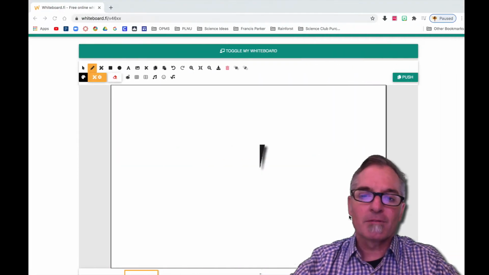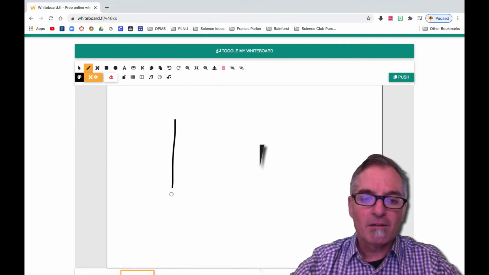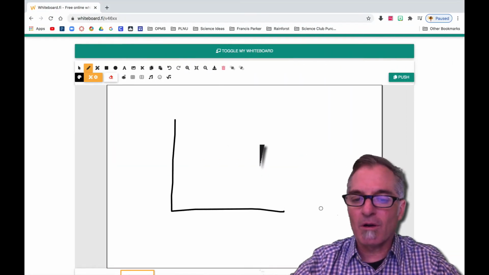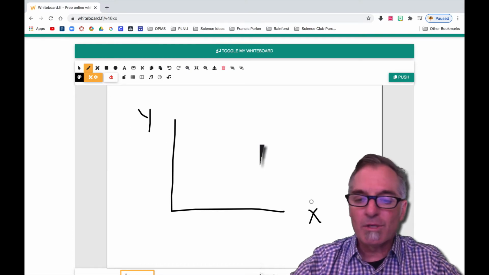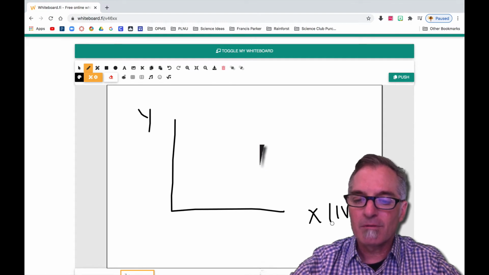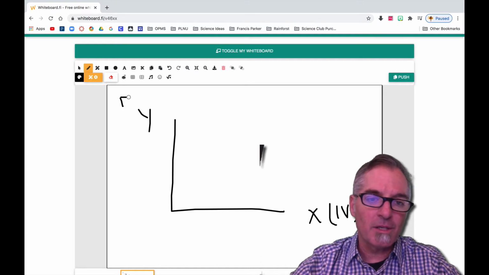Let's go back over here. And we draw our what? Our x-axis, our y-axis here. What is this? Yep, this is going to be our independent variable. And our dependent variable is our y-axis.